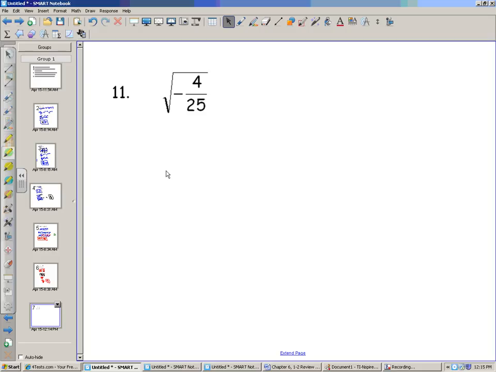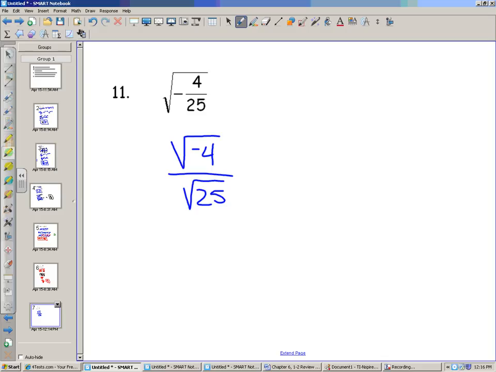Simplify and find all the real roots, right? Real. Can you have i's? Imaginary numbers are your i's, and you're not allowed to have imaginary numbers. Does that make sense? So what root am I taking of this? What index do I have? My index is 2. So what I'm doing is I'm taking the square root of -4 over the square root of 25.